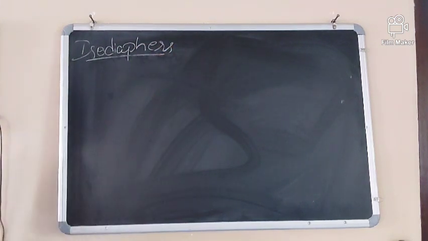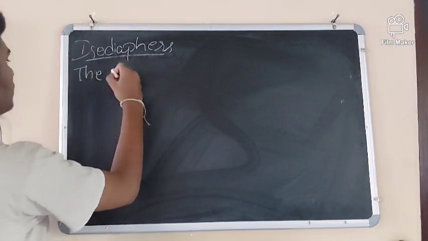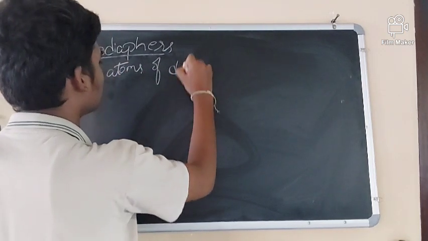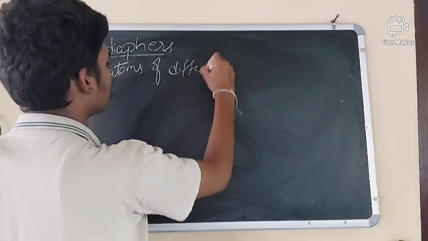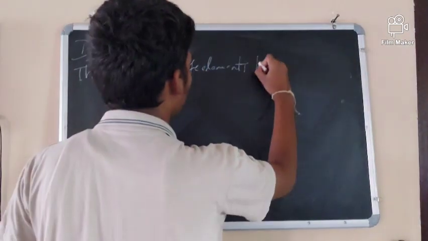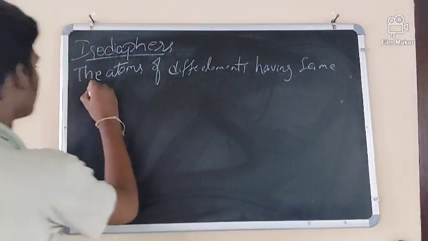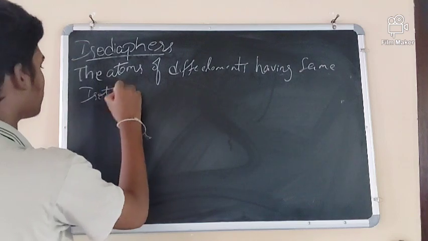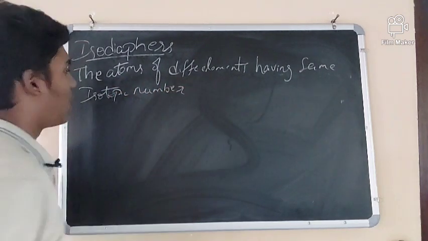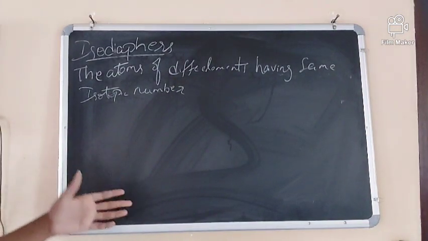Okay. So isodiaphers: the atoms of different elements having the same isotopic number are called isodiaphers.